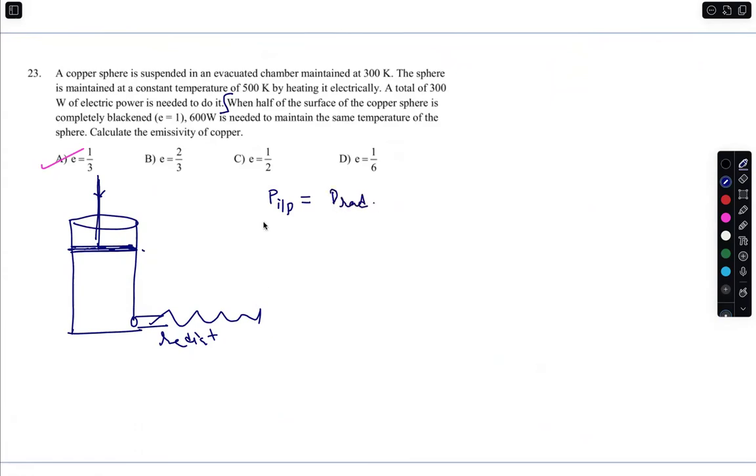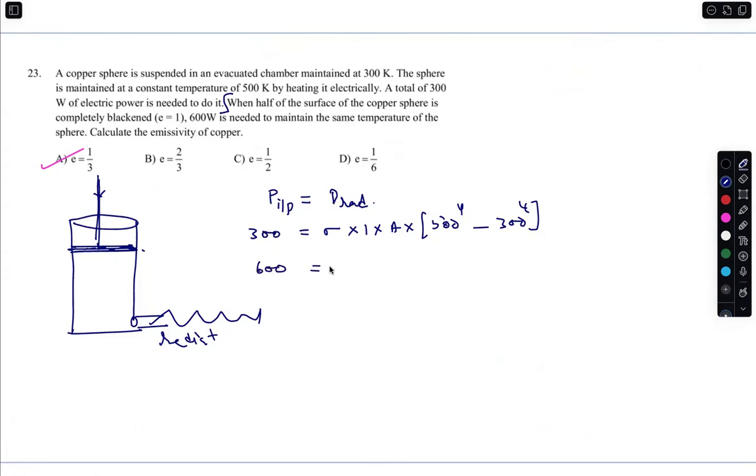In the first case, 300 watt is equal to sigma, I'm assuming it as a black body, into area into 500 power 4 minus 300 power 4. This is the rate of radiation. This is the rate at which it is taking in.